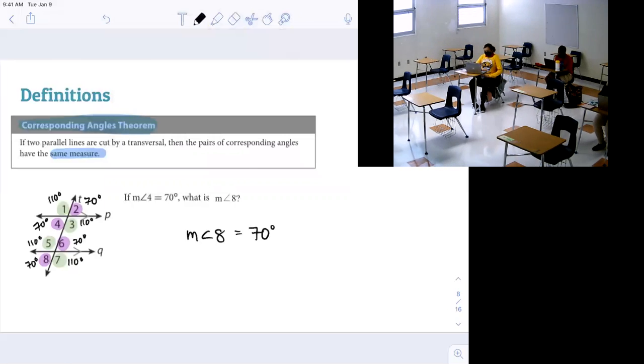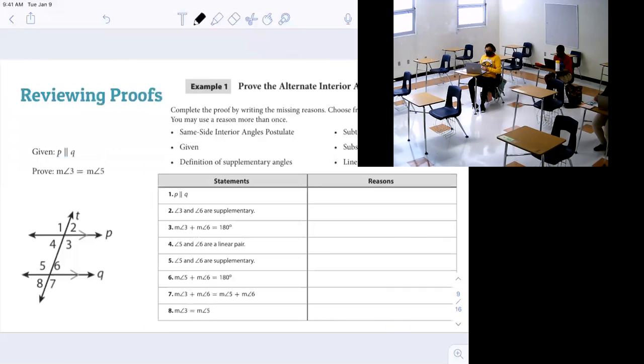So there you go, that's the pattern. Just by knowing one of those measurements, I can figure out all of the rest of them because it follows that pattern, just like Daniel was saying. So that's the cool thing about transversals. So does anyone have any questions about how that relationship works? No, not really. Awesome, so let's do a proof.